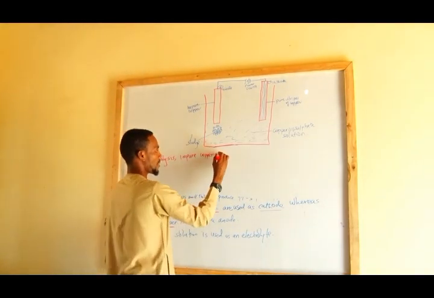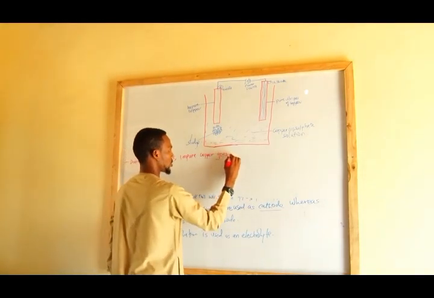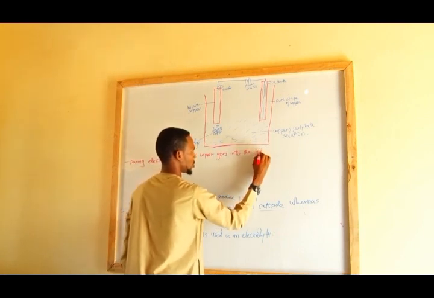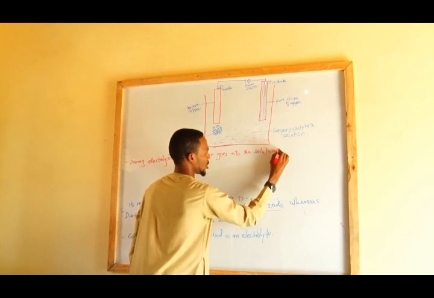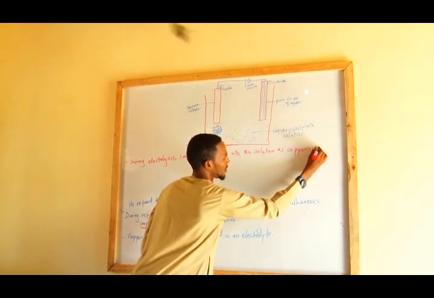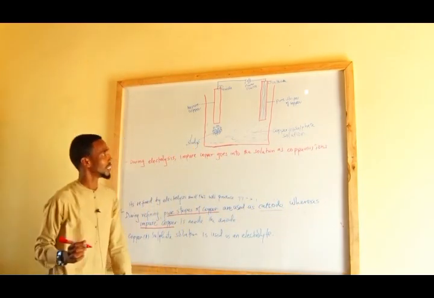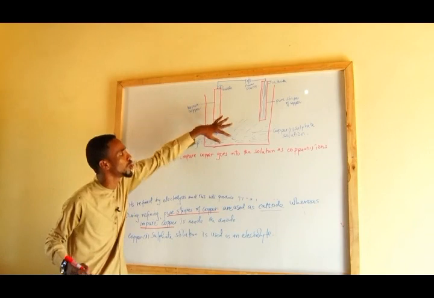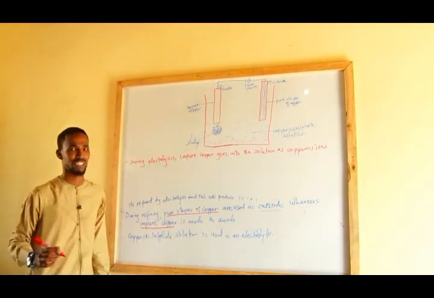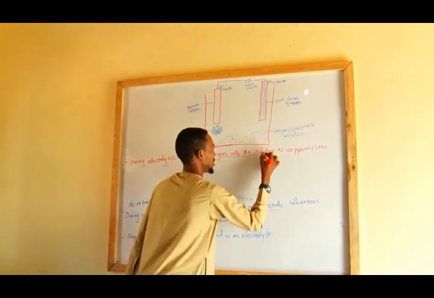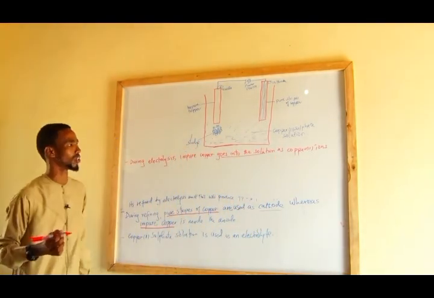So impure copper goes into the solution as copper 2 ions. In short, the anode is eaten up. It will go into this solution of copper 2 sulfate. The anode is being eaten up. It goes into the solution. It reacts with the solution.